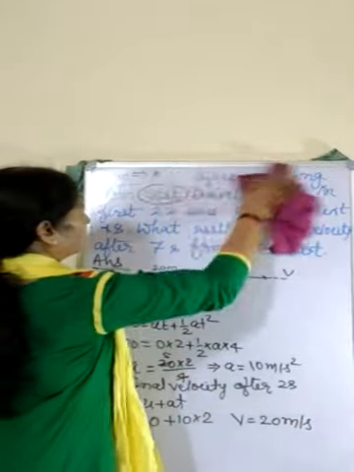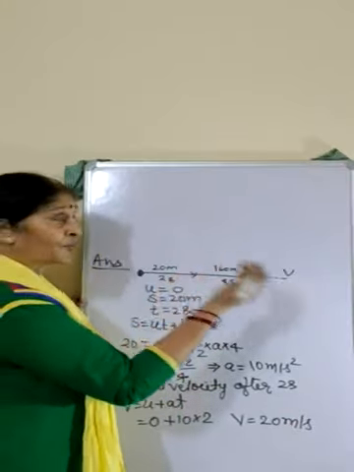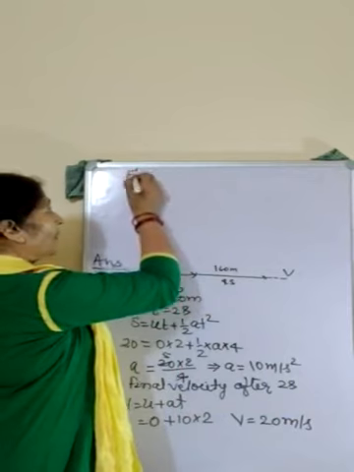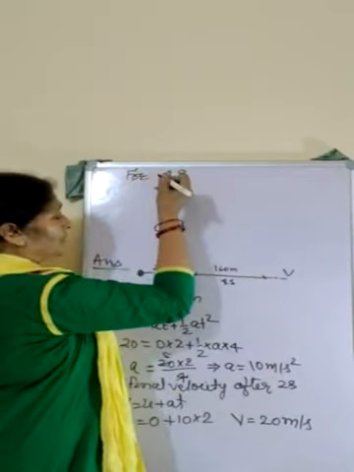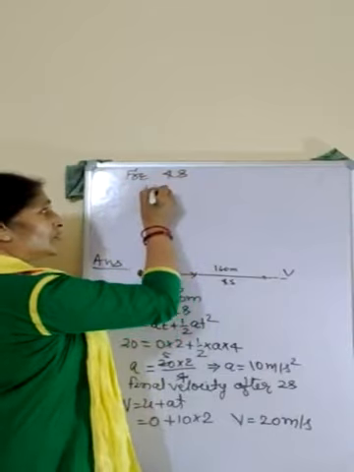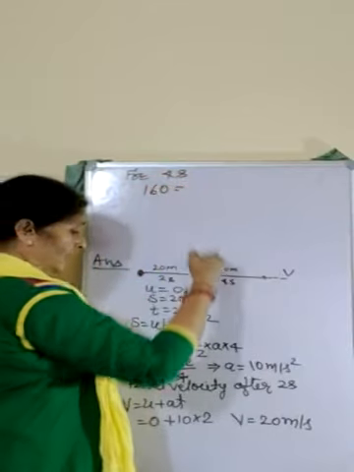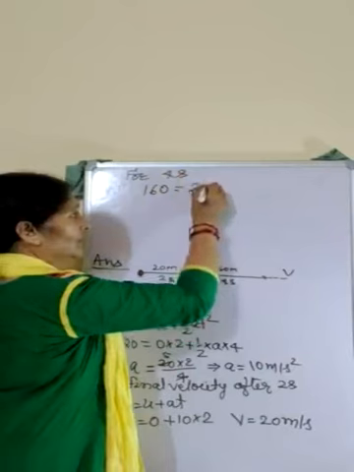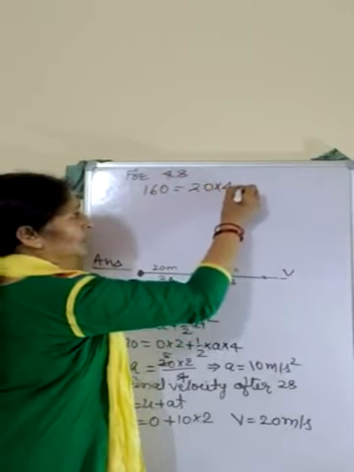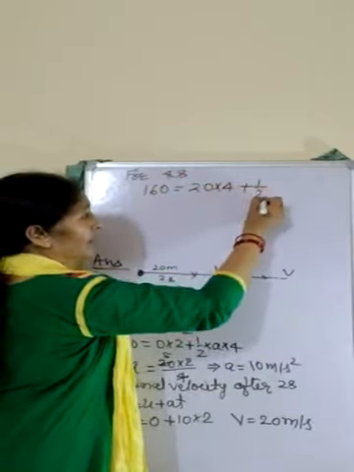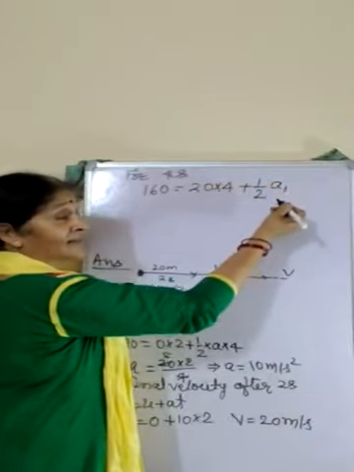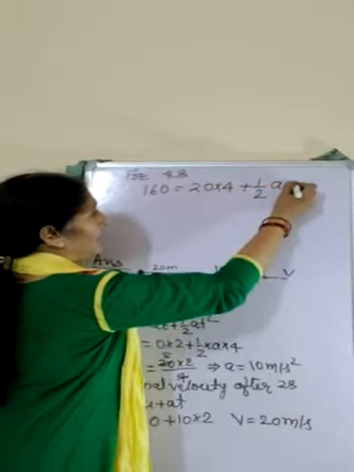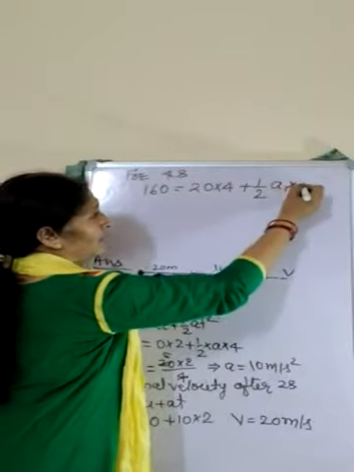Now for the next 4 seconds, the distance traveled is 160 meters. Initial velocity is 20, time taken is 4, plus half acceleration, which we have to find out. Suppose in this case the acceleration is a1 and the time is 4 seconds, so 16 will come here.